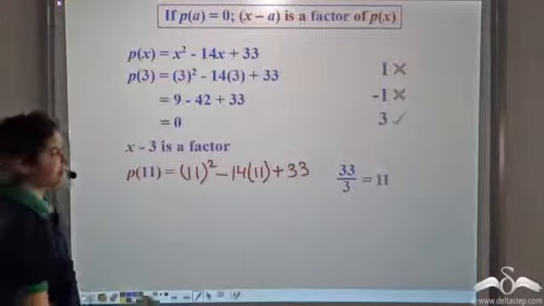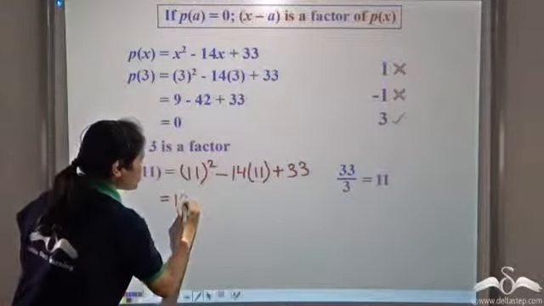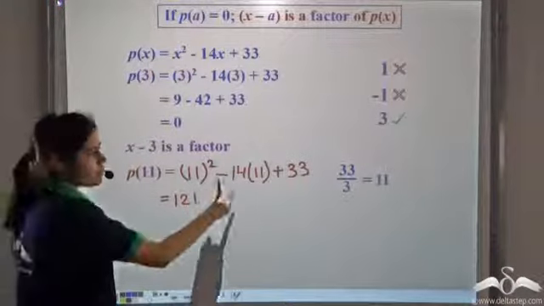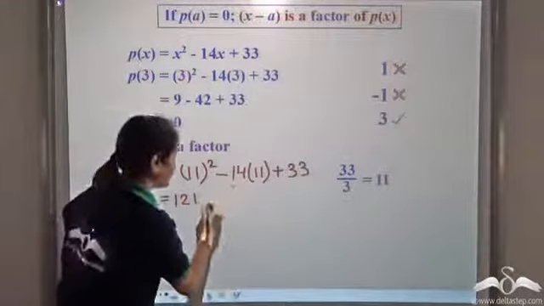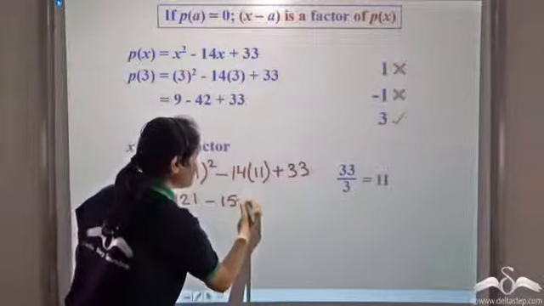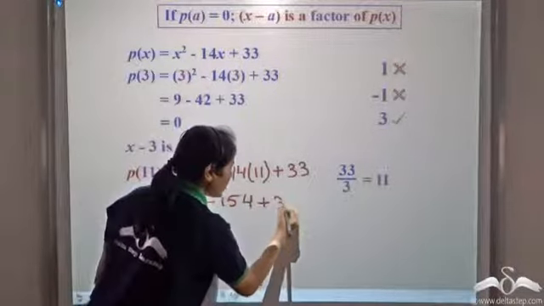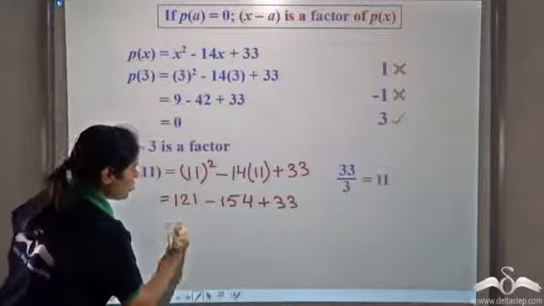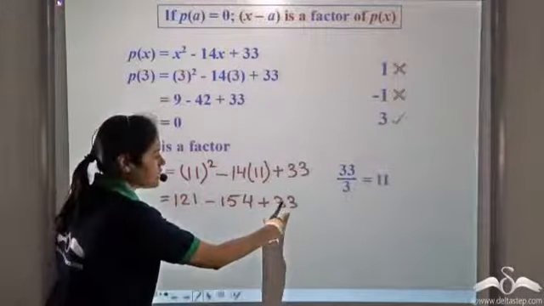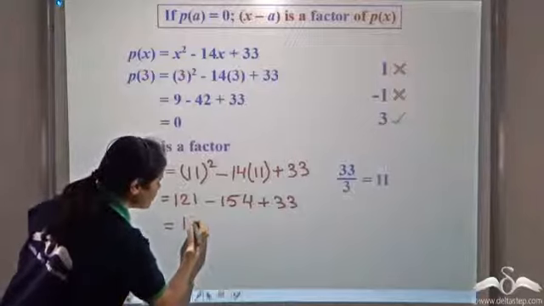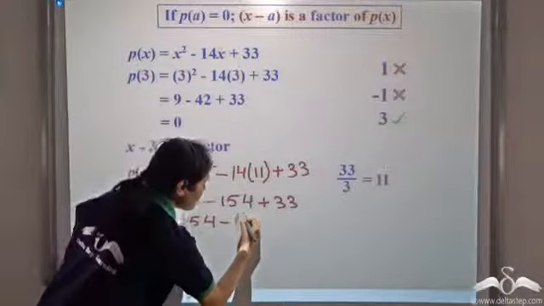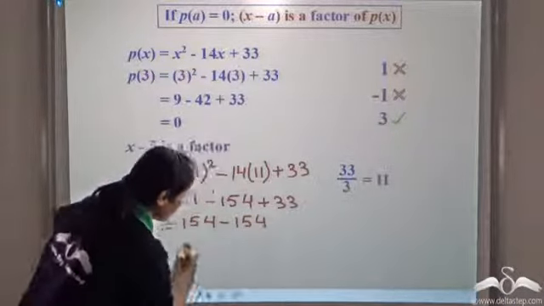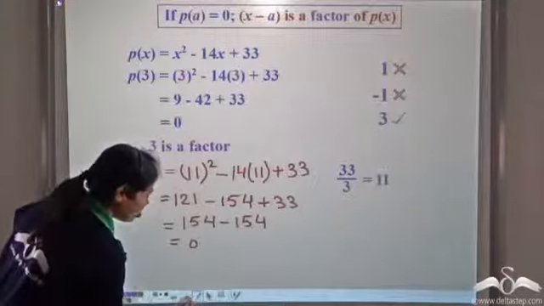This is what we have. 11 square is 121. 14 into 11 is 154. And we have 33 here. 121 plus 33 is 154, minus 154. This is equal to 0.